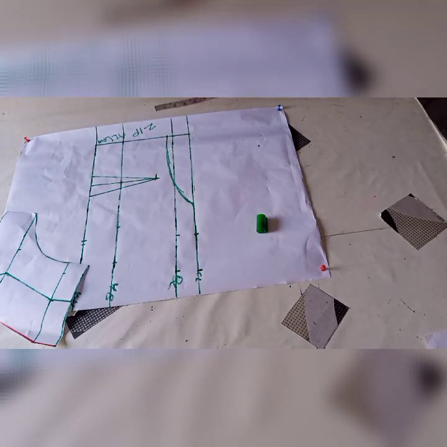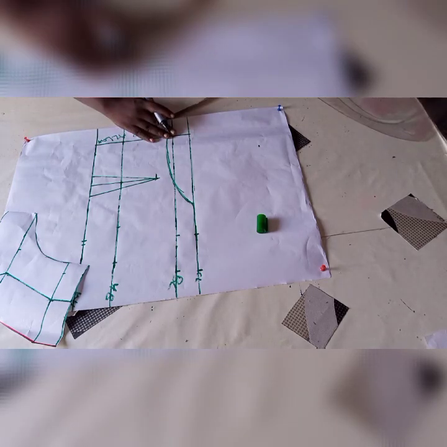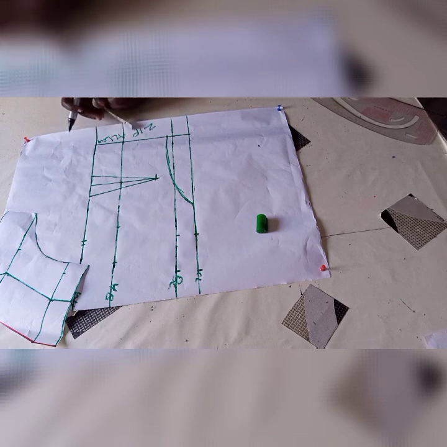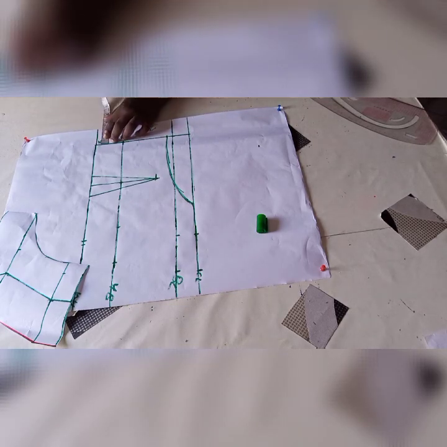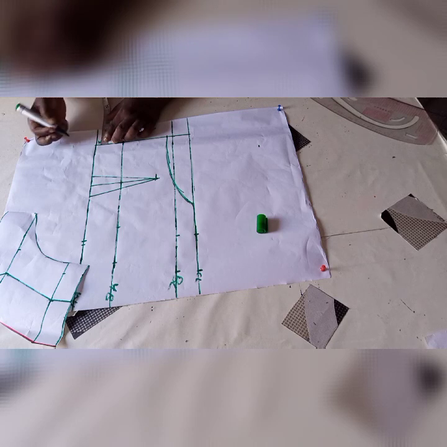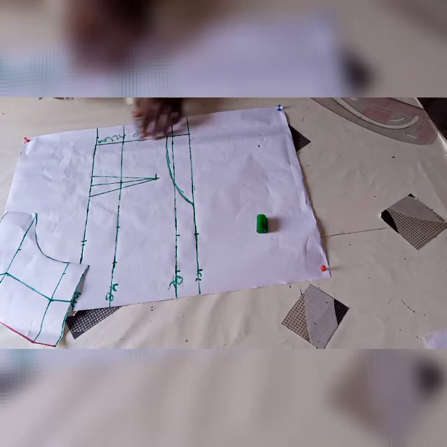As for the zip, you come to this side for our zip to lay very well. You measure, we are using 2 inches for the zip allowance. You took out 1 inch, this is our 1 inch.